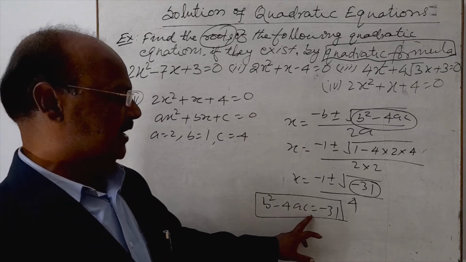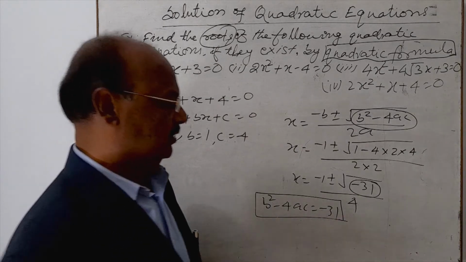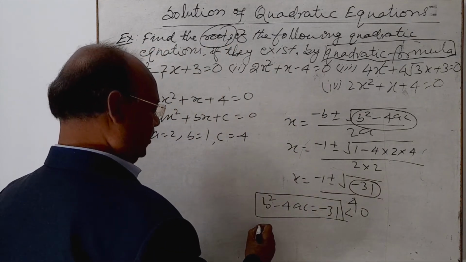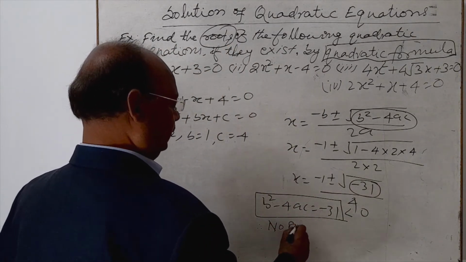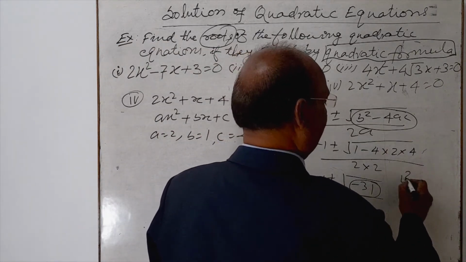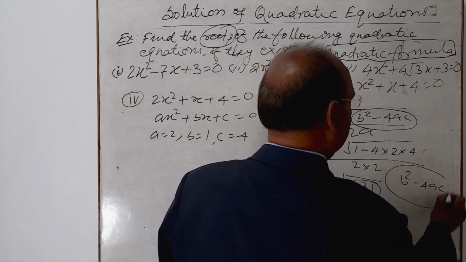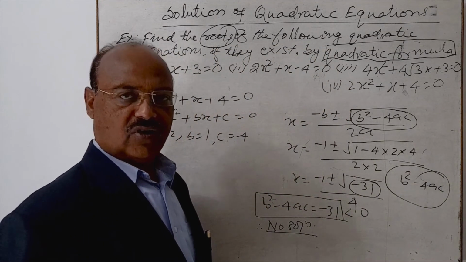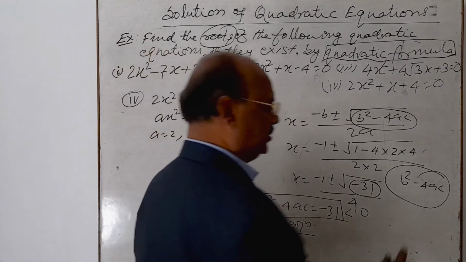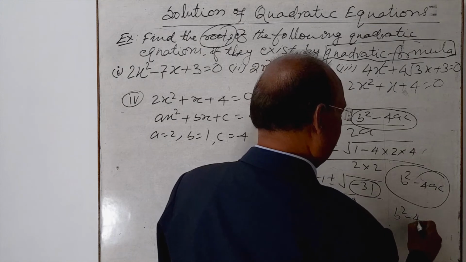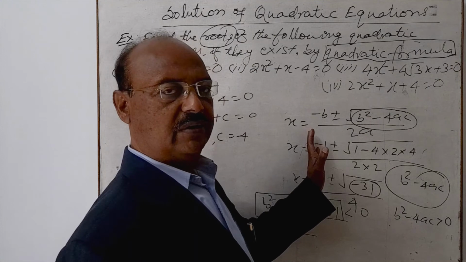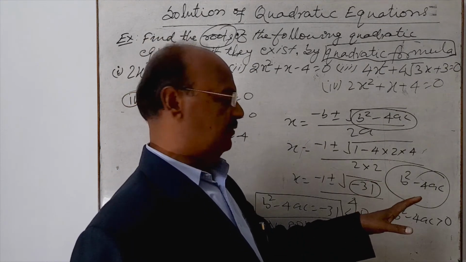So here b square minus 4ac is minus 31. This is negative. This is less than 0. Therefore, this quadratic equation has no solution. And you should know that this b square minus 4ac is known as discriminant of the quadratic equation. So in the next video, we will discuss that when this discriminant b square minus 4ac is greater than 0, then roots will be real and distinct, different.